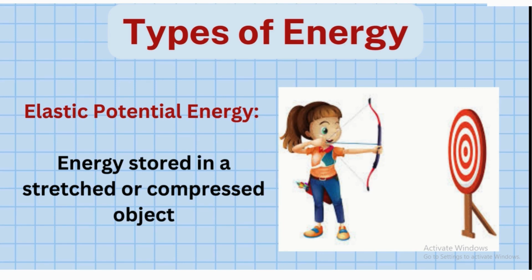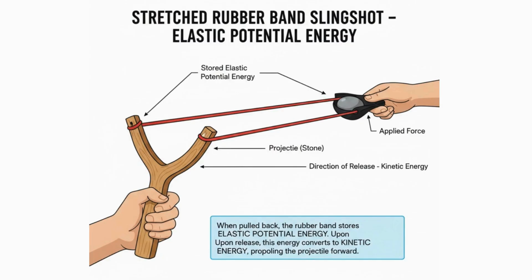Another type of energy is elastic potential energy. This can be defined as the energy which is stored in a stretched or compressed object. This can be explained with the help of this example: when you pull back a rubber band or the elastic component of a slingshot, you are storing elastic potential energy.